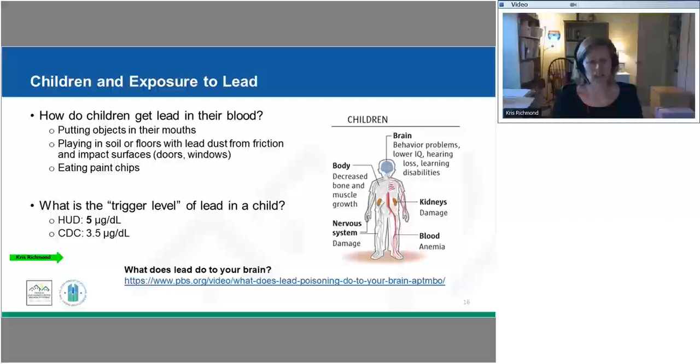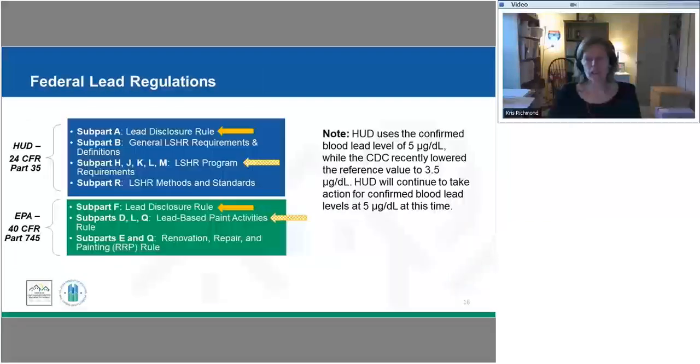And then let's look at how we work with EPA. So I'm going to go to slide 23. Remember this slide, we went over the different regulations. So we have, with EPA, our Subpart F, that's the lead disclosure rule. So that's the same as our Subpart A that we have. We have our D, L, and Q. That's our lead-based paint activities.